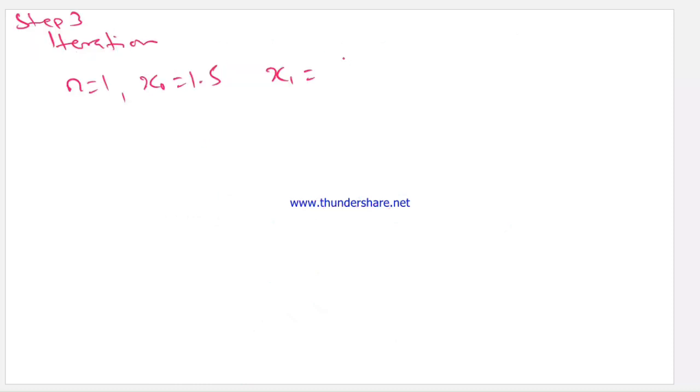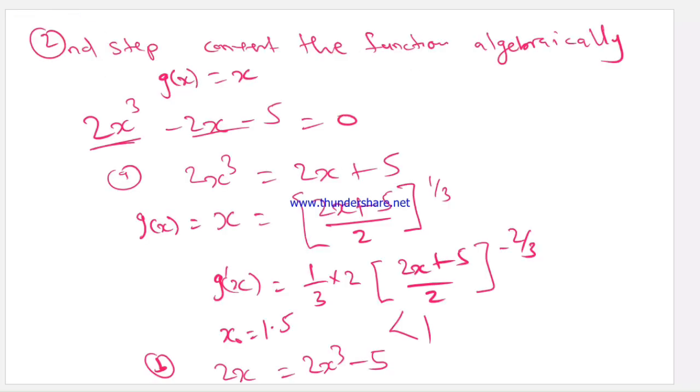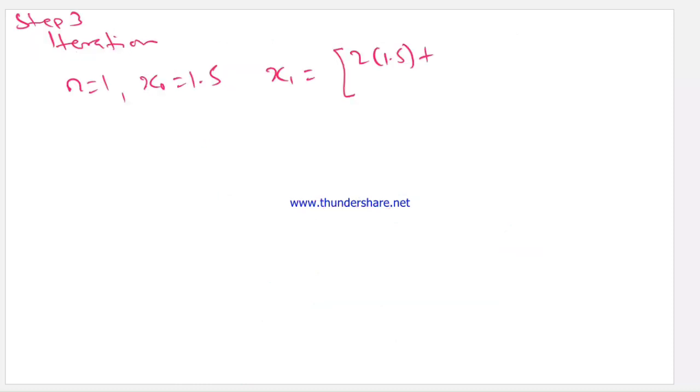So x1 is equal to 2 times 1.5 plus 5, divided by 2, raised to power 1 over 3. When you calculate that, that will give us 1.5874.